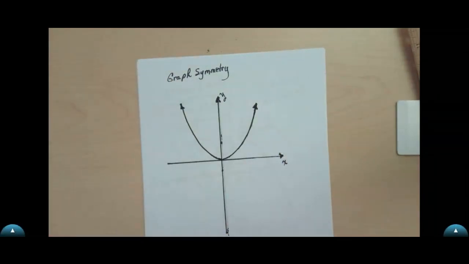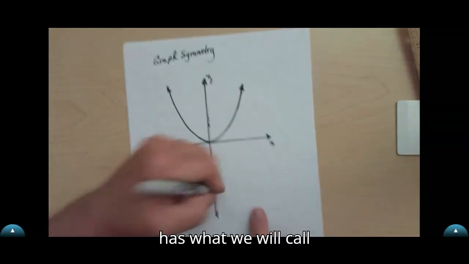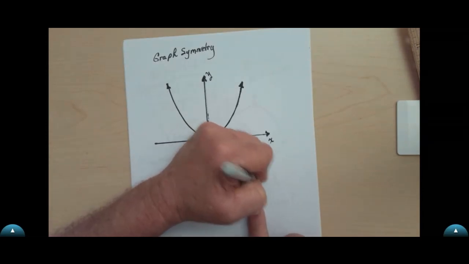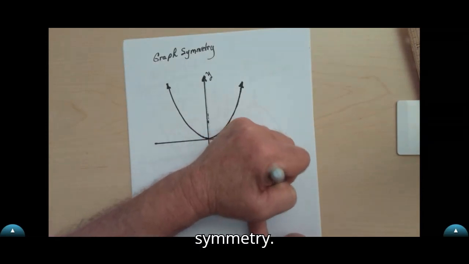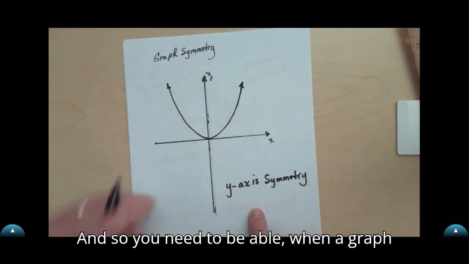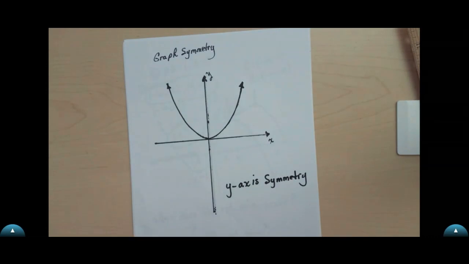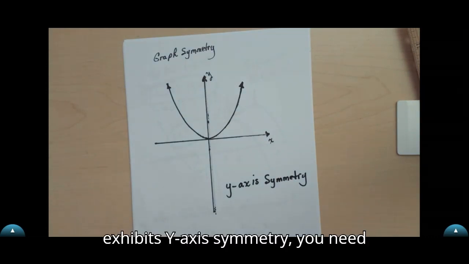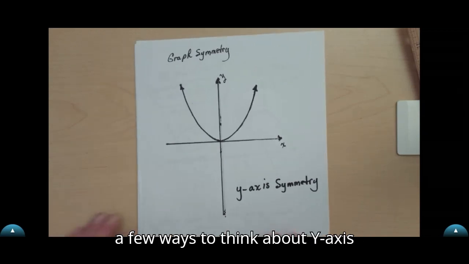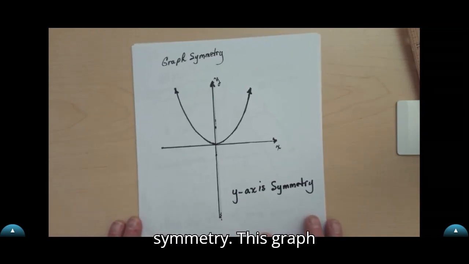This graph has what we will call y-axis symmetry. And when a graph exhibits y-axis symmetry, you need to be able to recognize that. So there's a few ways to think about y-axis symmetry.